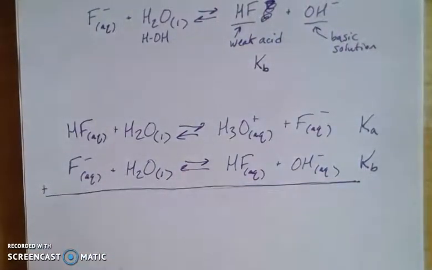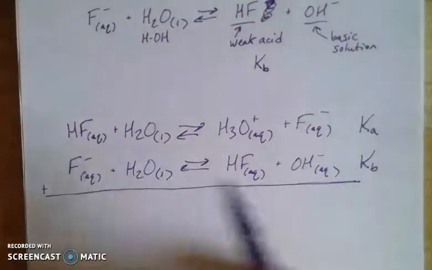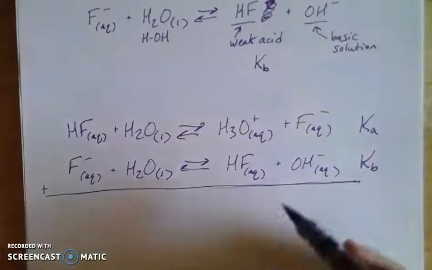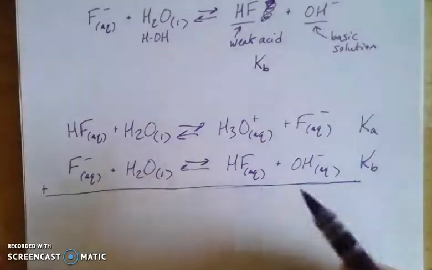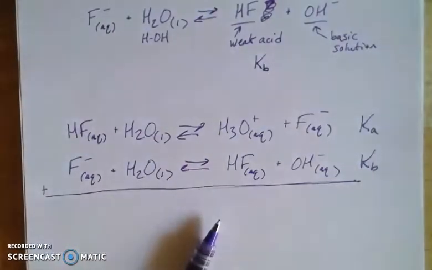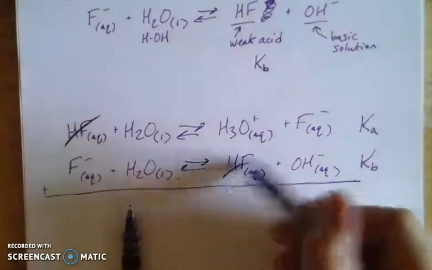And we can remove the intermediates from all of this. So if I'm adding this together and I add together all of my reactants and all of my products, then I can remove the things that are in common on both sides. So if I'm removing my intermediates here, let's use a permanent marker, then I have hydrofluoric acid on both sides, so I'm going to get rid of that.